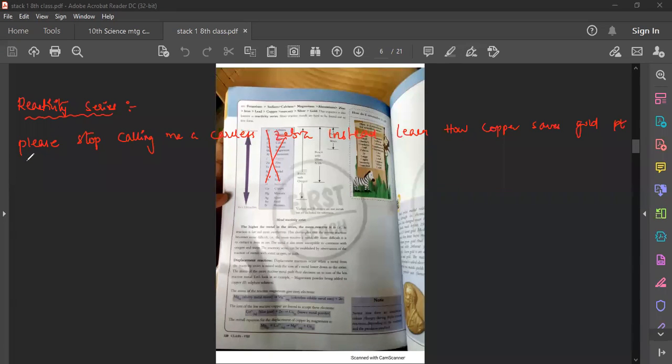So there is the complete reactivity series. Listen here carefully. First, lithium will come here. Next, P for potassium, S for sodium, C for calcium, M for magnesium, A for aluminium, and C for carbon. Can you see here? Yes, sir.